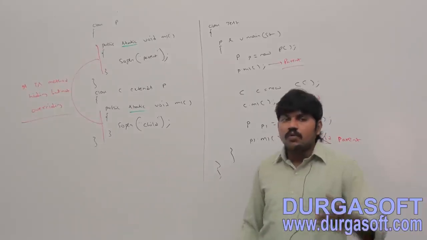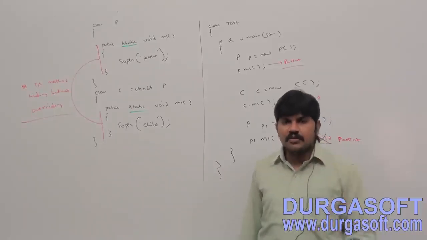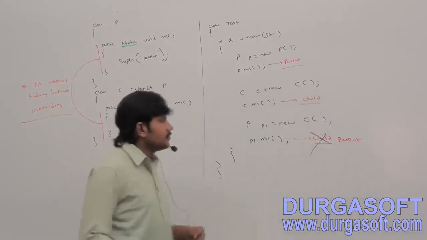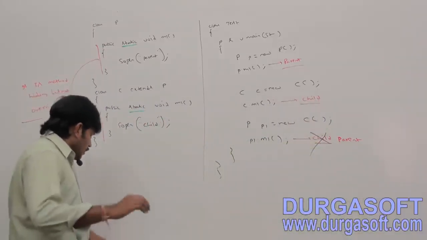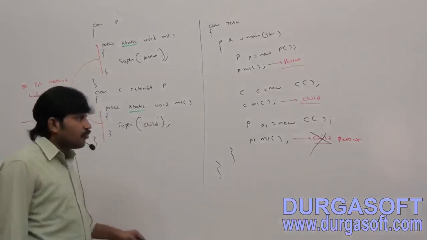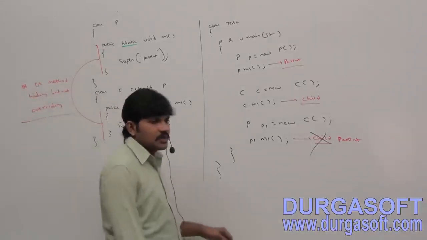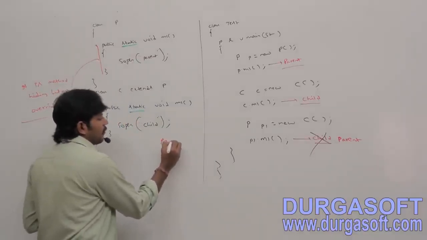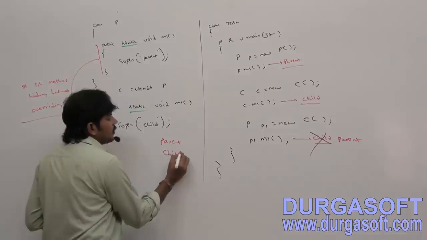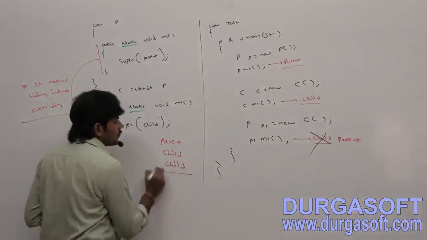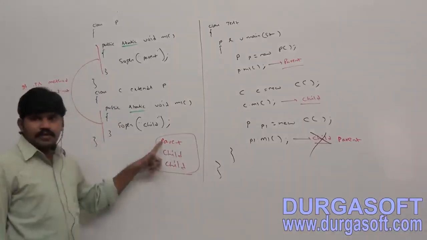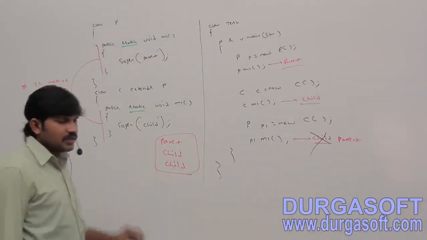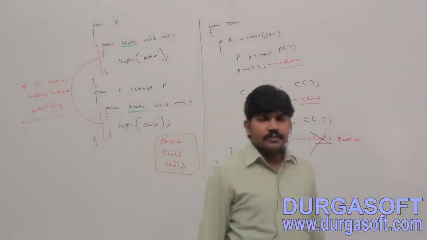Overriding. Then it will become overriding. In this case, you have to tell what output we are going to get. The output is parent, child, like this. Parent, child. Okay, that's all.